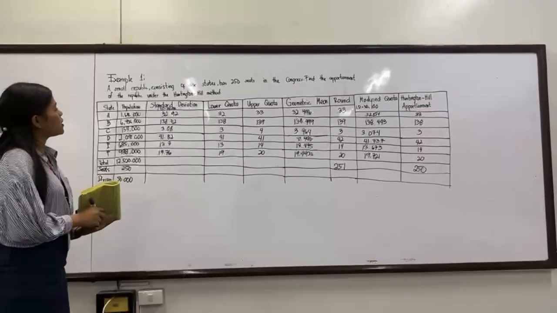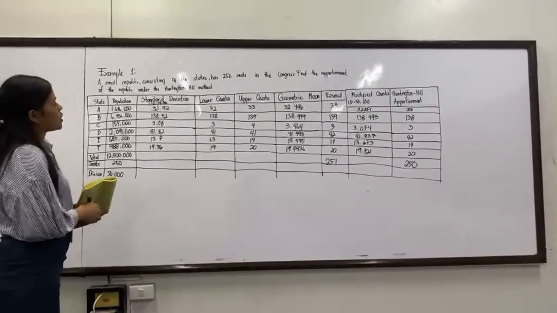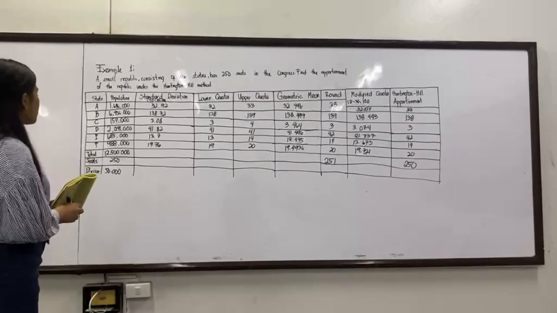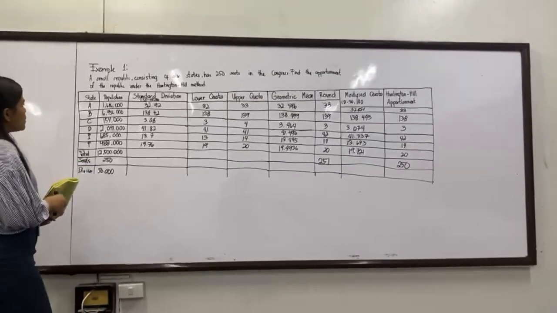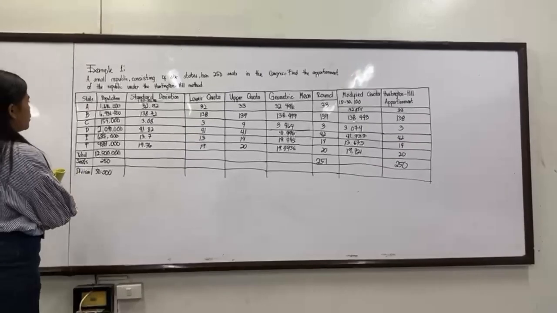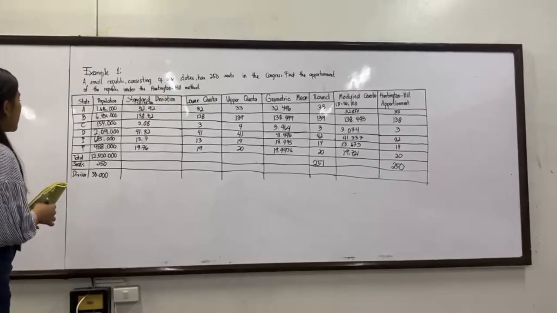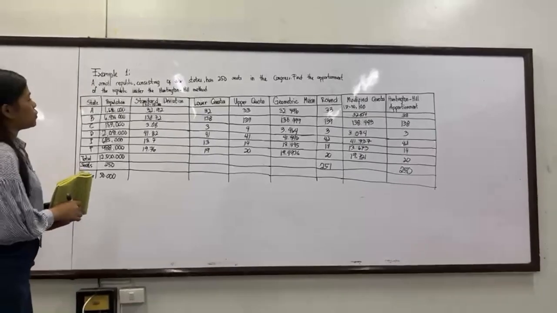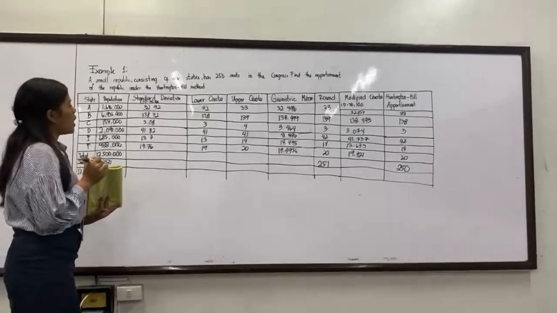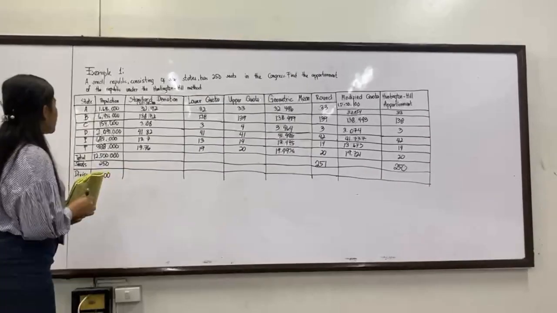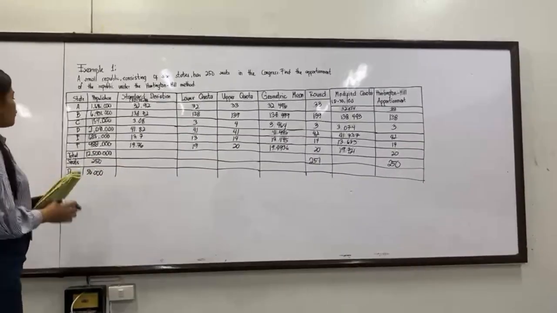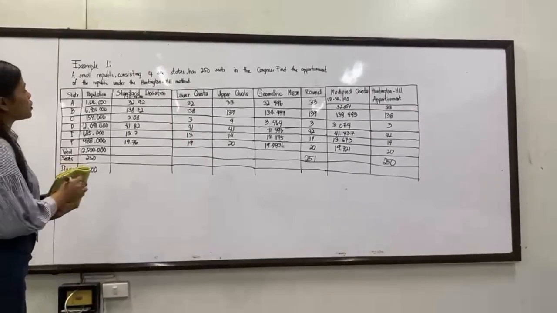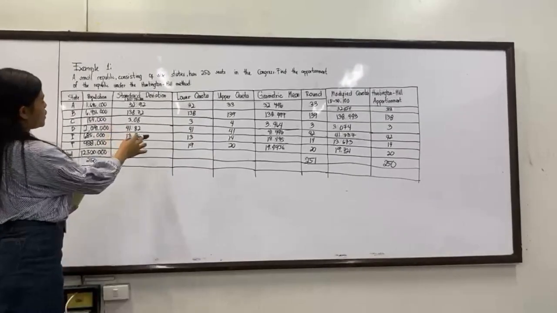So next, we should get our standard quota by dividing state A by the divisor. State A divided by 50 is equal to 32.92. And state B divided by 50 is equal to 138.72.